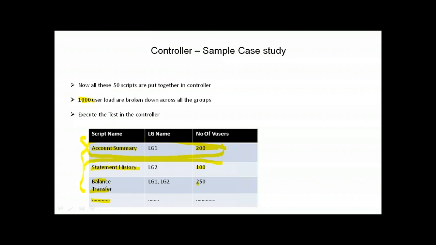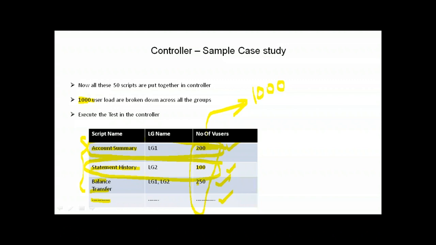So you break the 1000 users down across all the 50 groups or 50 scripts, which means that when you add up all of them, it should come to 1000.